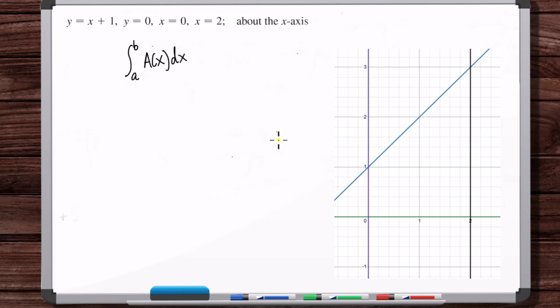So the cross-sectional area formula, if we imagine this is a piece here, okay, the cross-sectional area formula is going to be, so if we write out the Riemann sum, so we're going from i equals 1 to n, the cross-sectional area formula.